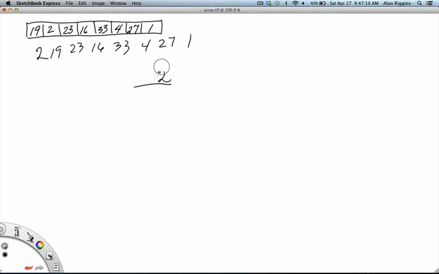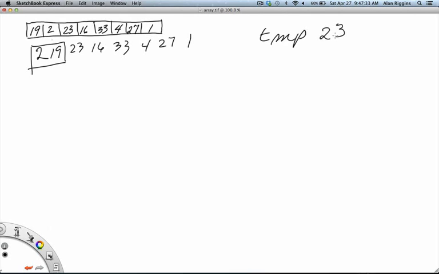Next pass. So now the 2 and the 19 are in sorted order. Now we need to insert the 23. So we look at the 19, and if we need to, we're going to shift it. So what we have done, here we have temp, and it's this 23.